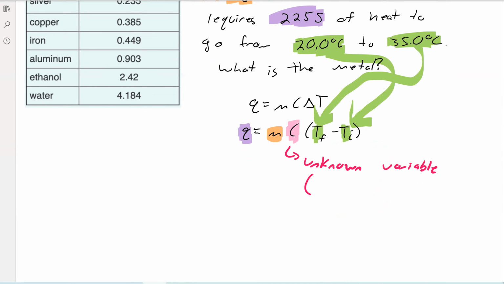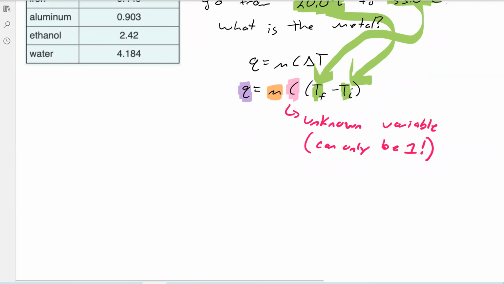And when we're solving algebraic problems, there can only be one. If you have more than one unknown variable, you're missing some piece of information or something like that. We can only ever solve for one variable. And so what I see a lot of students do is they start plugging the numbers in and try to solve.